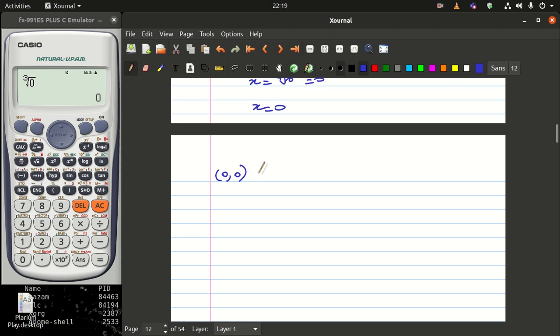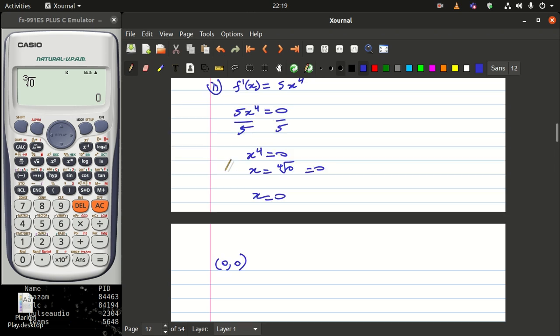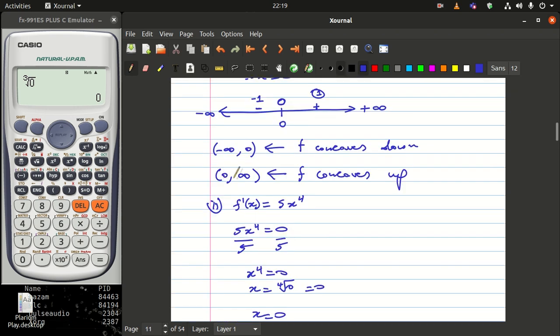Now we wanted to actually find out if this is a local min, a local max, or neither. So we look at this point here, which is 0. We look for the x value. Is this x value in this interval, or in that interval, or is it not in any of these intervals here? If you look at 0, because we don't have a square bracket, 0 is not included in this interval.